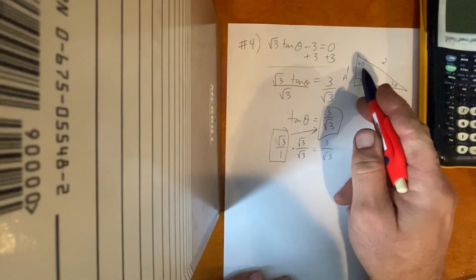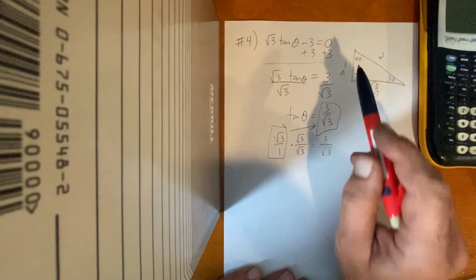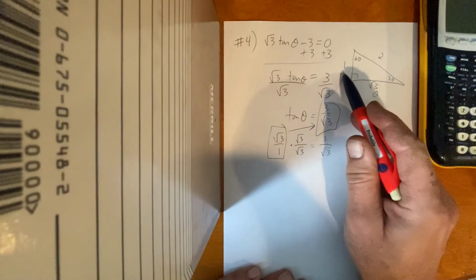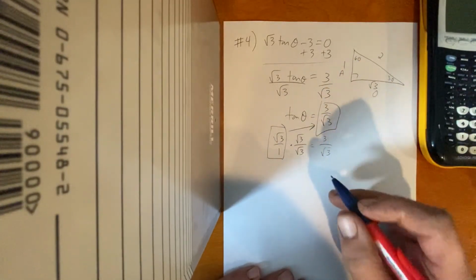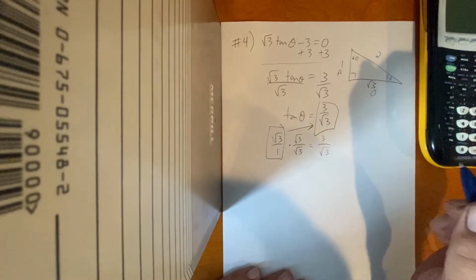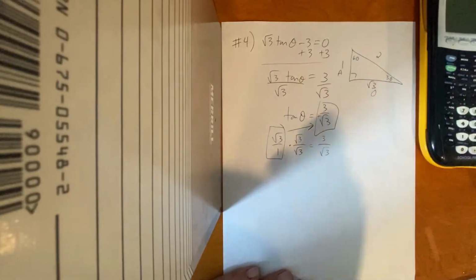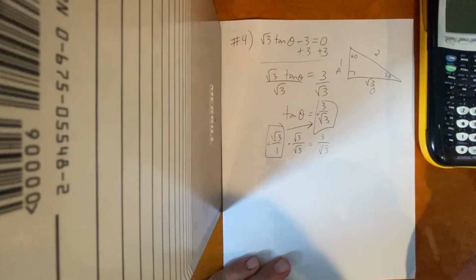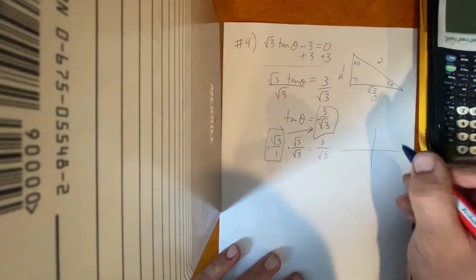So that tells us that we're dealing with 60 degrees, because tangent's opposite over adjacent, we got radical 3 over 1, opposite over adjacent. So we're dealing with 60 degrees. It's a positive 3 over radical 3, or radical 3 over 1 if you want to call it that. So we're looking for places where tangent's positive.